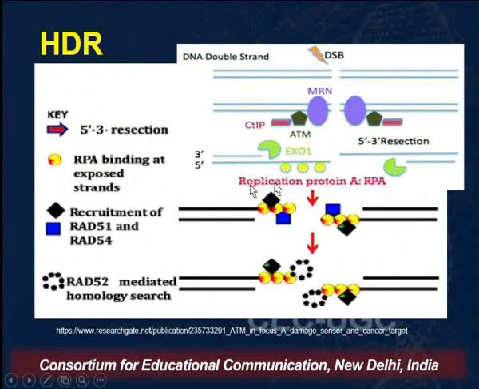This then recruits replication protein A, the RPA molecules, which stabilize these ends and cause the recruitment of other factors and proteins such as RAD proteins. Now these RAD proteins identify and search for the homologous fragments in the genome.